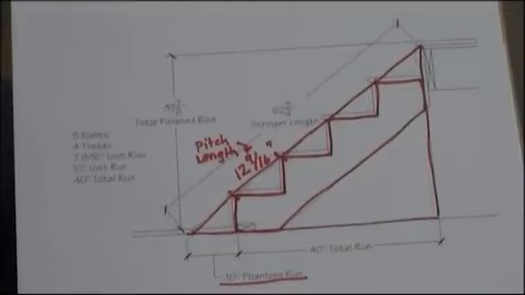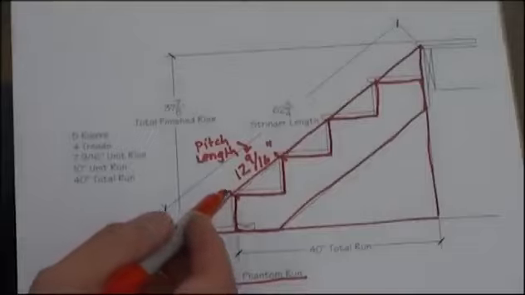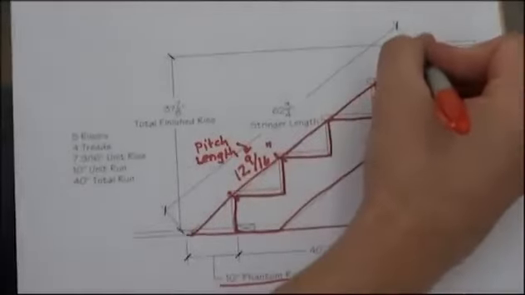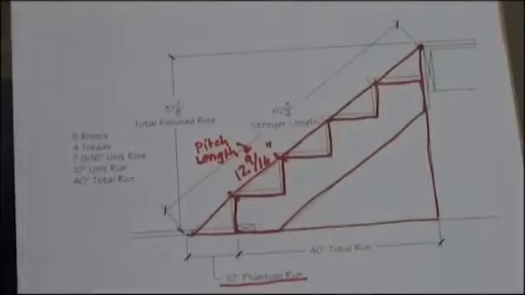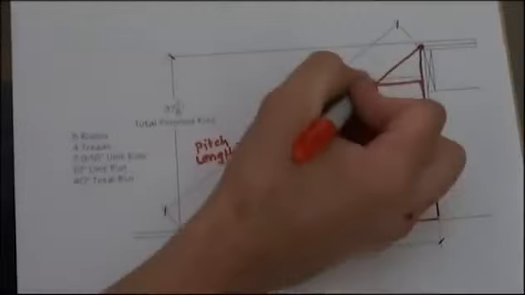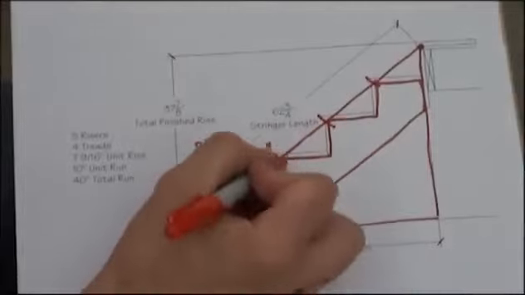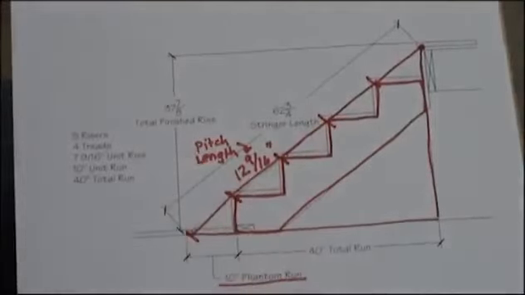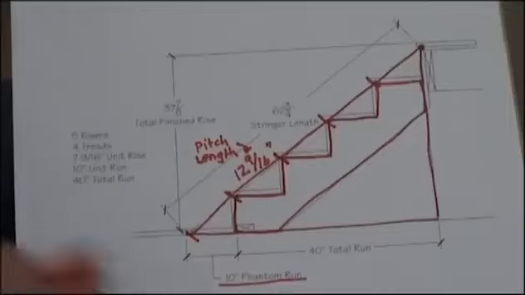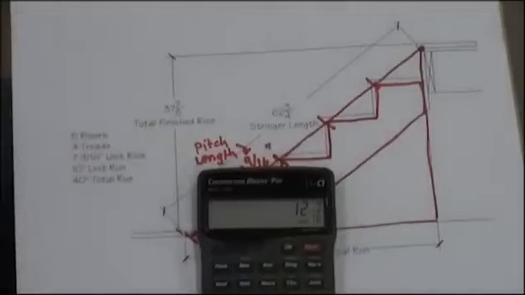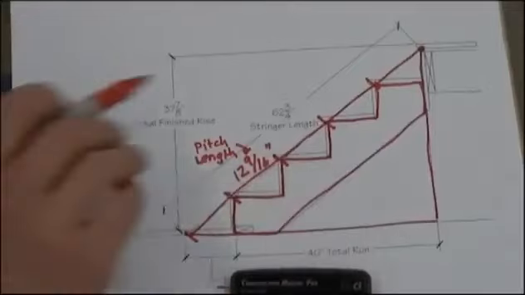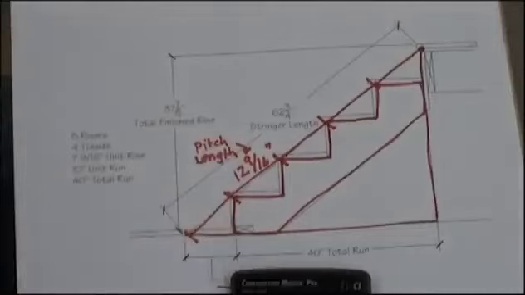So now that we have our pitch length, we want to make a list of increments starting from the top of our stringer at the very top of the stairs, and a list of distances for each of the successive pitch lengths. Now, we may be able to simply multiply 12 and 9/16 times 2 for the second one, times 3 for the third one.